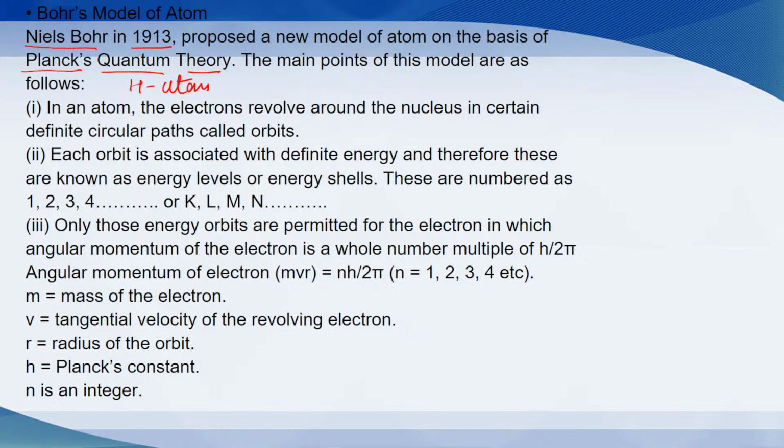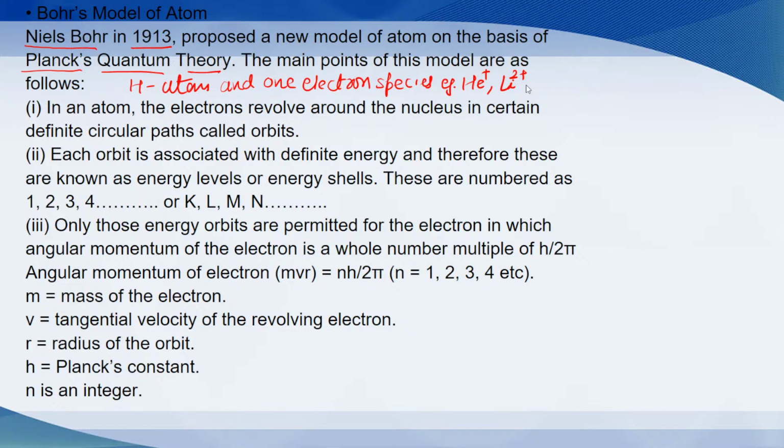And this model was primarily applicable to hydrogen atom and to one electron species. What do you mean by one electron species? The atoms having only one electron. For example, helium plus, lithium 2 plus, beryllium 3 plus, like that.